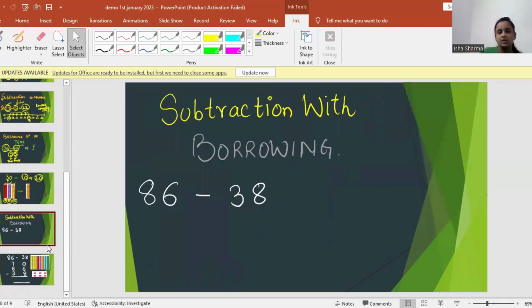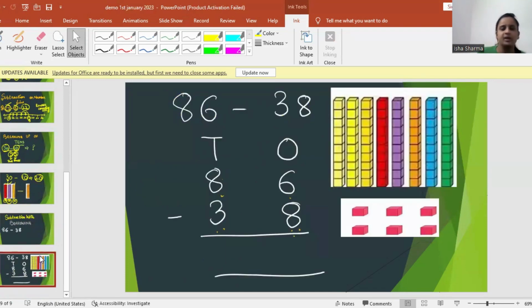Now we will do the topic subtraction with borrowing, right? When you need anything, you borrow from another one, right? In the same way, when there are 2-digit, 3-digit, or 4-digit numbers, if the number we are going to subtract is bigger than the upper number, we can borrow from the next unit.